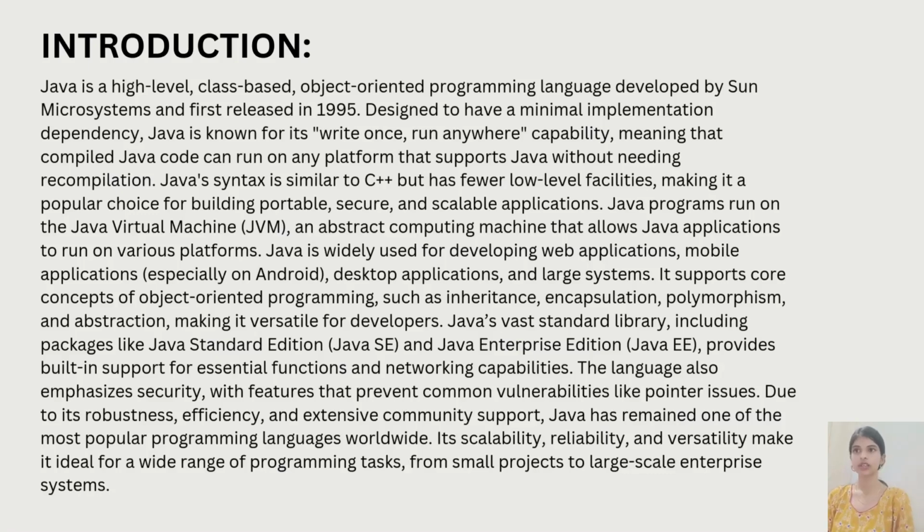Introduction. Java is a high-level, class-based, object-oriented programming language developed by Sun Microsystems and first released in 1995, designed to have minimum implementation dependency. Java is known for its write once, run anywhere capability, meaning that compiled Java code can run on any platform which supports Java without needing recompilation.